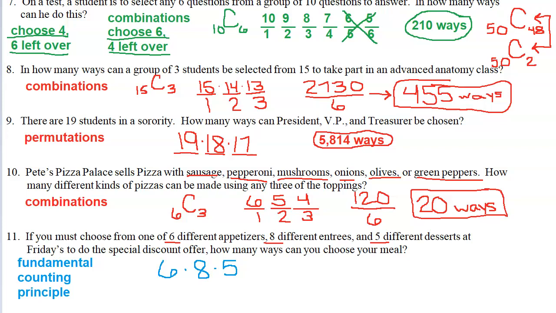It's not like, oh, you got the mozzarella sticks, that means you are not allowed to get the Cajun chicken pasta. That would be a very strange restaurant. I don't think they would be a restaurant for very long. But if you just multiply everything together, you end up finding out there are 240 ways that you can choose your meal.